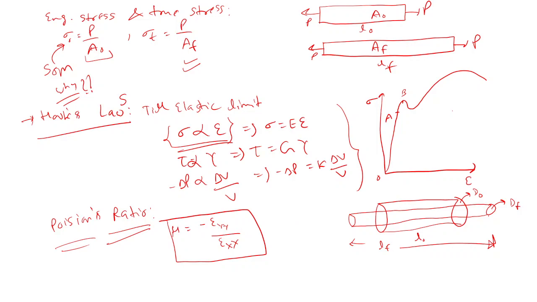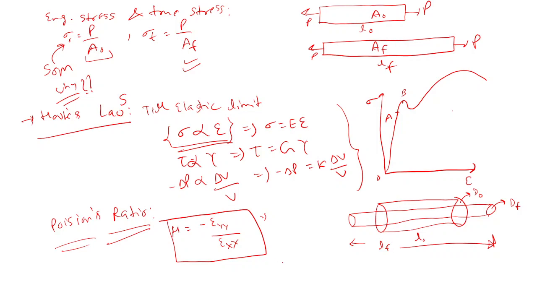So what would be epsilon yy? It is D naught minus DF, by D naught, because we have taken the negative sign. In the same way we can calculate the longitudinal strain and lateral strain, and the ratio of that would be the Poisson's ratio.